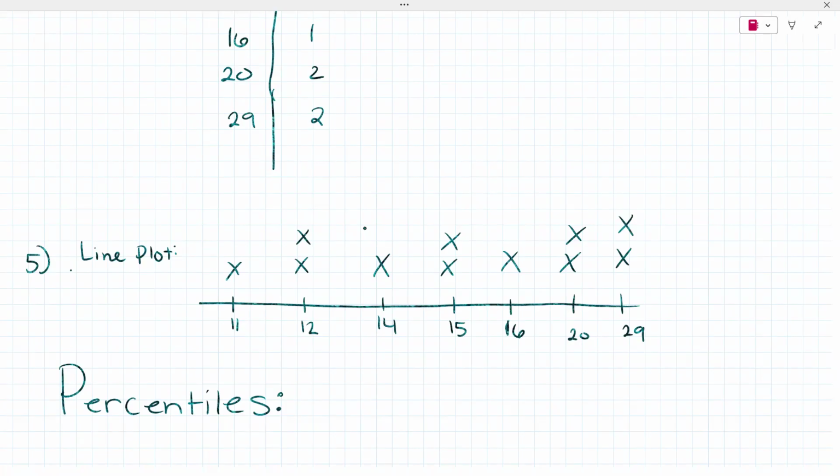Okay, so that is a line plot. Next we'll make a stem and leaf and a box and whisker.